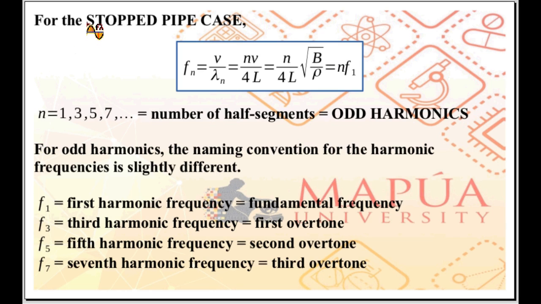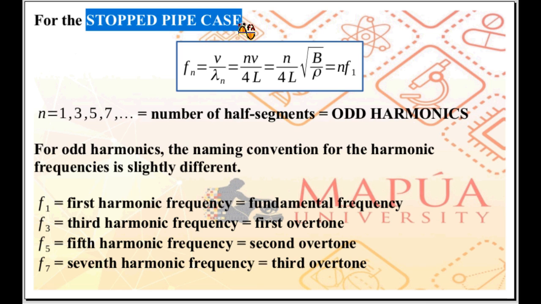On the other hand, for the stopped pipe case, a fluid medium contained in a pipe that's open at one end and closed at the other end, the harmonics is given by Fn is equal to v over lambda n. This time, the wavelength lambda n is given by 4L over n, such that Fn is equal to nv over 4L.